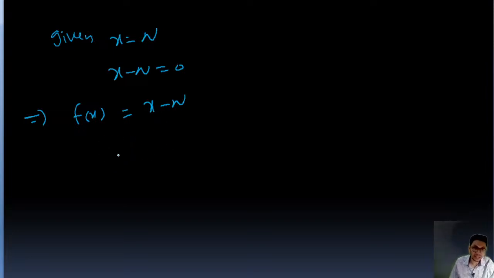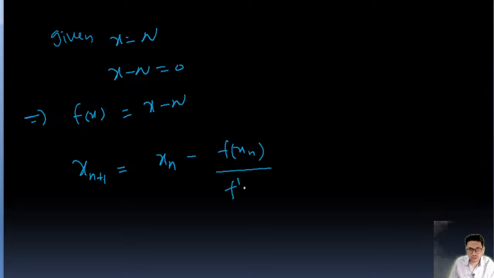Now we can easily find this. So f(x) is this, then we'll find x_{n+1}. This is going to be x_n minus f(x_n) upon f dash x_n. This formula we know, right? This is simple. And f(x) is this, means f(x_n) is going to be x_n squared minus n, and f dash x_n we will differentiate it.